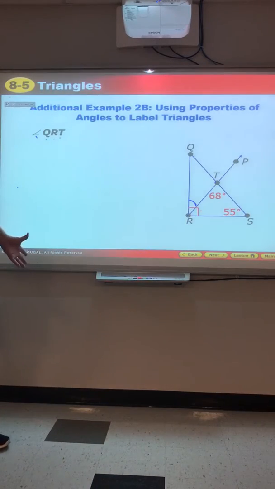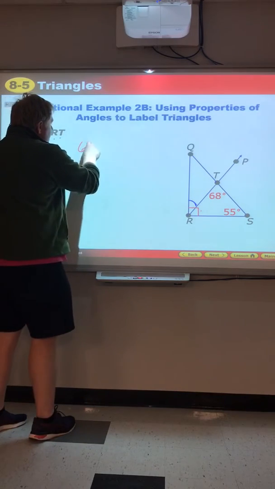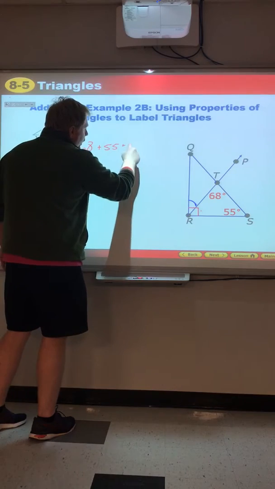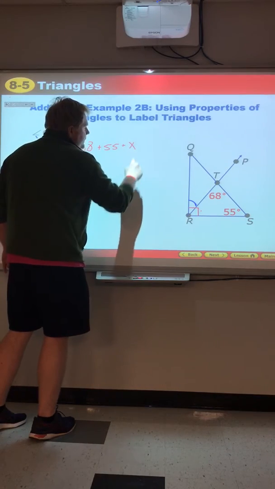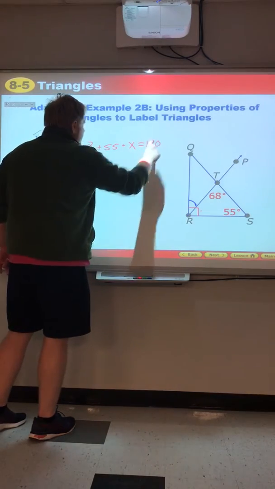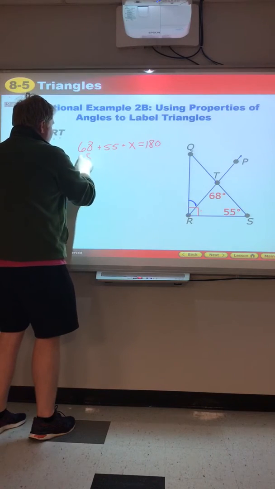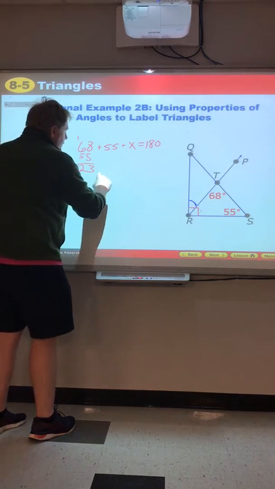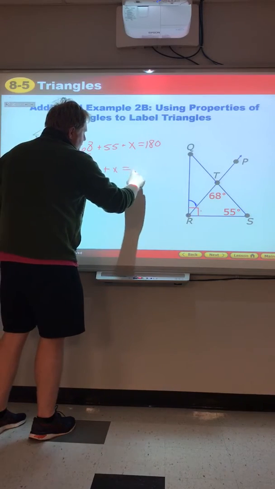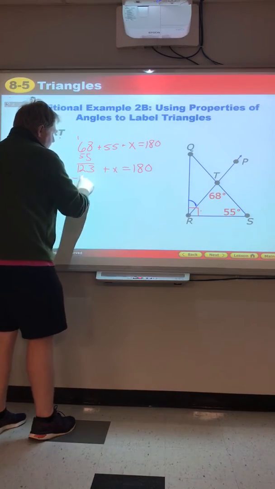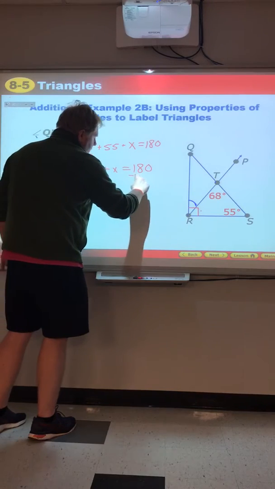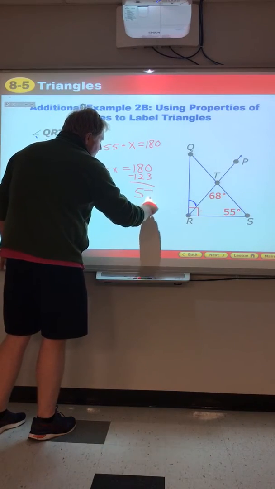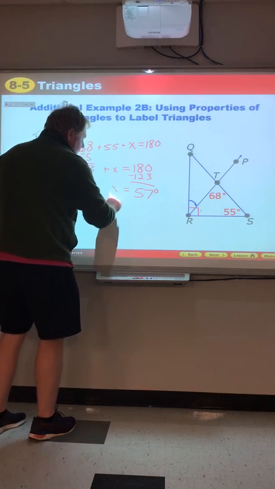It's kind of like what we did before. 68 plus 55 plus, I don't know, I'll make it X, equals 180. Okay? 55, 68, that's 123. Plus X equals 180. I subtract, inverse operations, I subtract. That means 57 degrees is X.